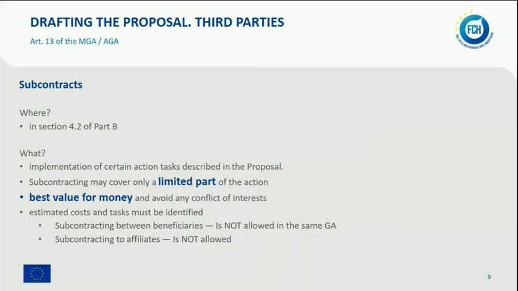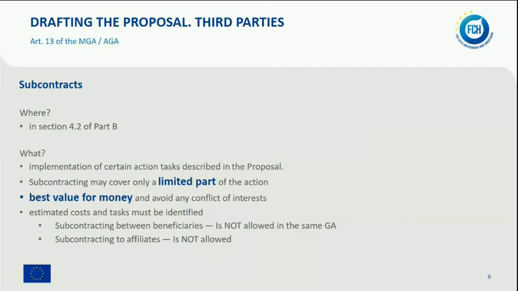In Horizon 2020, these are legal entities with which you have a commercial agreement and from which you choose to engage for, let's say, carrying out a part of the action. So a part of the task you cannot handle yourself, and you plan to use an external company. That is possible as long as it is a limited part, because if it's a big part, it should be a beneficiary.